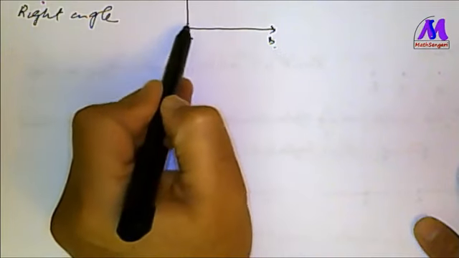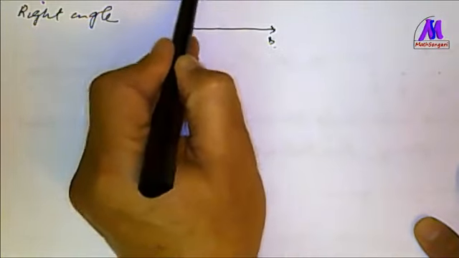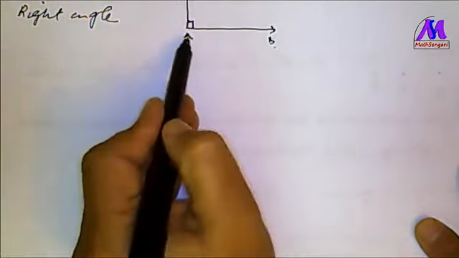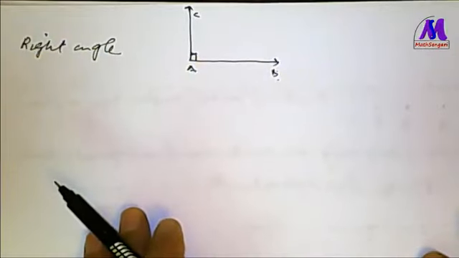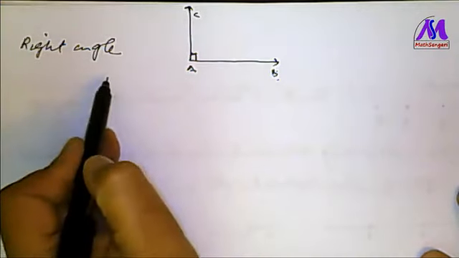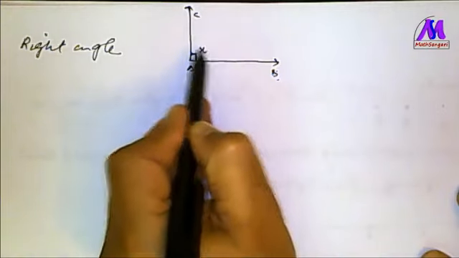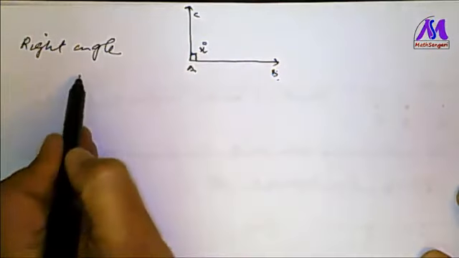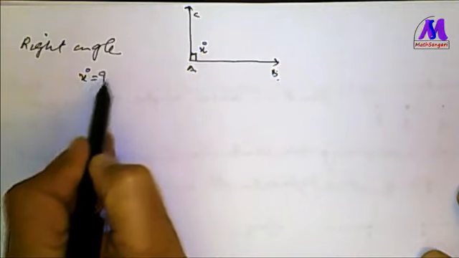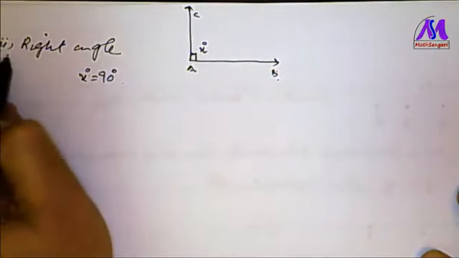Just like it, it means making an angle of 90 degrees. For example, AC. Such a type of angle is called the right angle. And mathematically we define it, suppose it is x degree, so x degree will be equal to 90 degrees. That is the second type of angle.